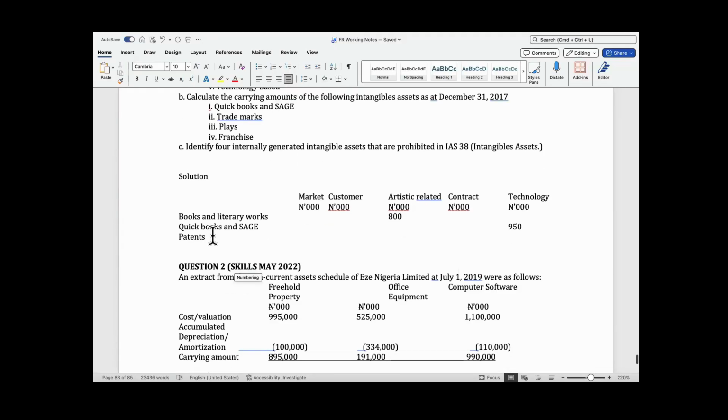So when you invent something, you can actually go and patent it. There's a ministry where you can go and patent it so that no other person can copy your invention. Where should that be? Should be market.